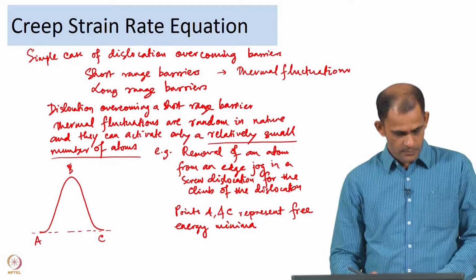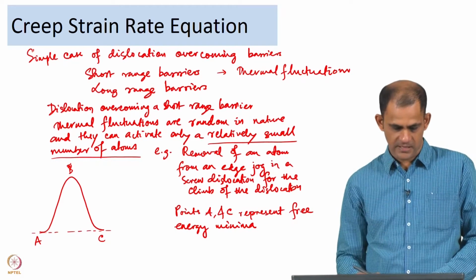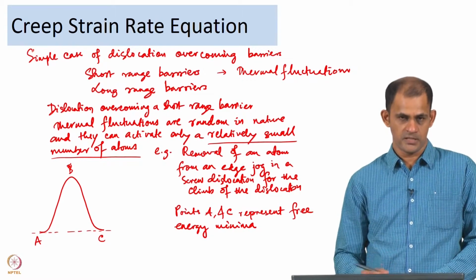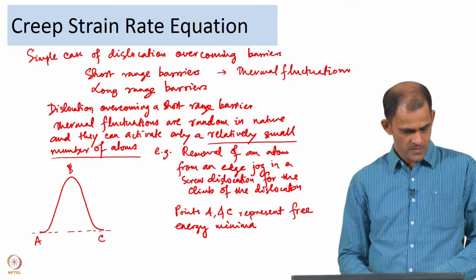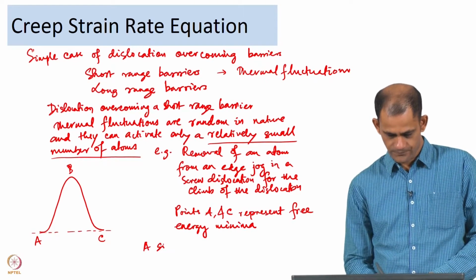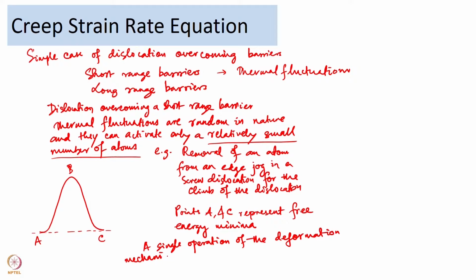Now, if there is a certain mechanism which helps the dislocation overcome this barrier, a single operation of the deformation mechanism takes the dislocation from A to C. Because the dislocation is moving from one point to another, there is going to be some amount of plastic strain associated with it.